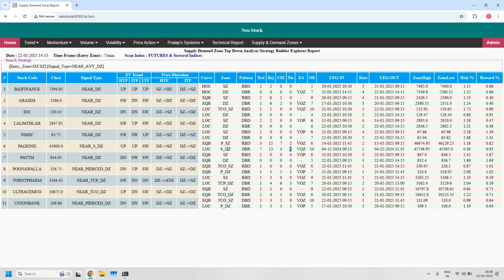This is a pierced zone. This is also a pierced zone. So we don't have any high liquidity 75 minutes demand zones from this list. We don't have any valid zones.